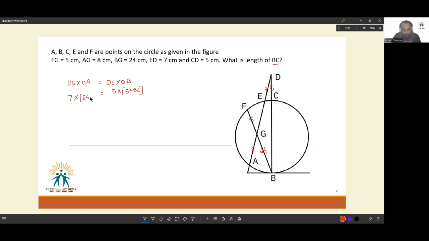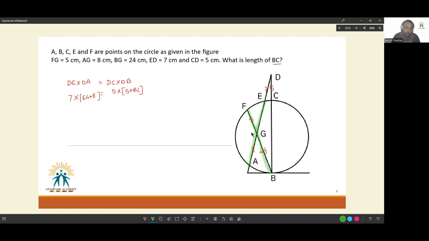Now DA however is EG plus AG. AG we know to be 8. So we can actually replace this AG with 8. In order to get to BC, I need to figure out the length of EG. Now EG, look at these two chords, FB and EA.